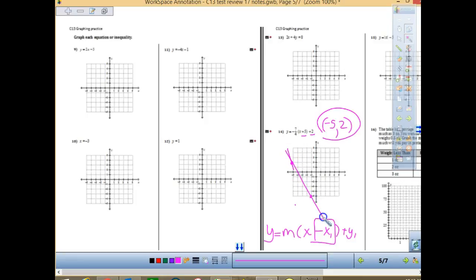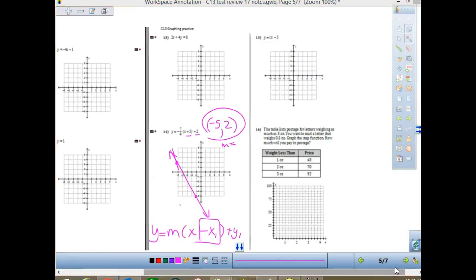But it's super ugly if you would have rewritten it in slope-intercept form. That's why when we first did these assignments, I asked you to write the point and tell me the slope right next to it. Write the slope, write the point, so that when you are looking at those. So these are all your linear graph ones. This is your absolute value, and then you had a piecewise function here that you were looking at.